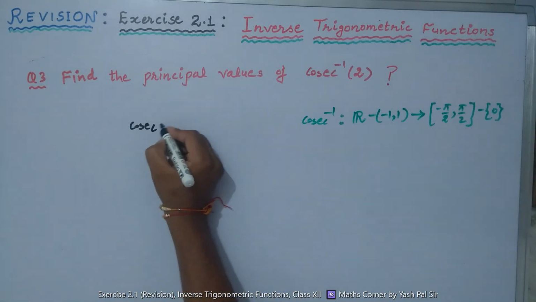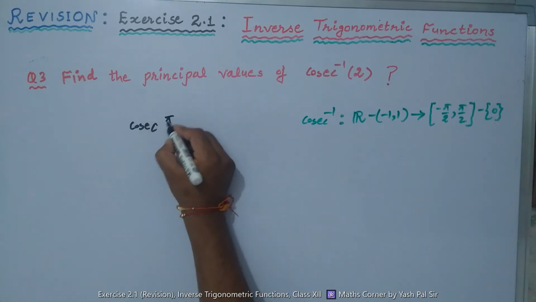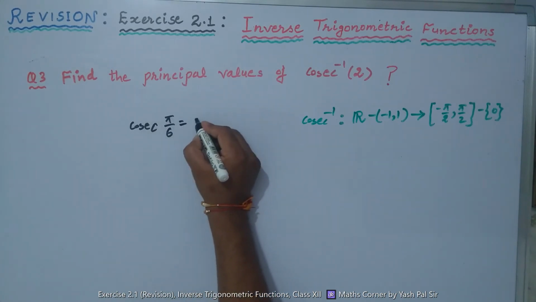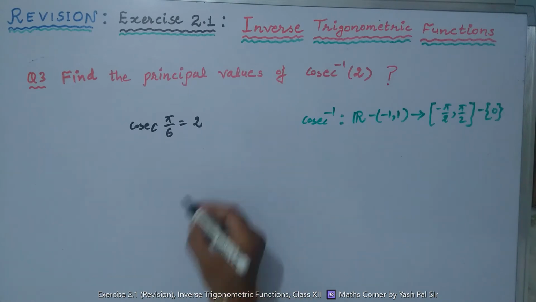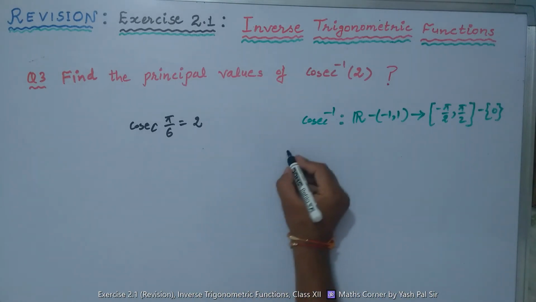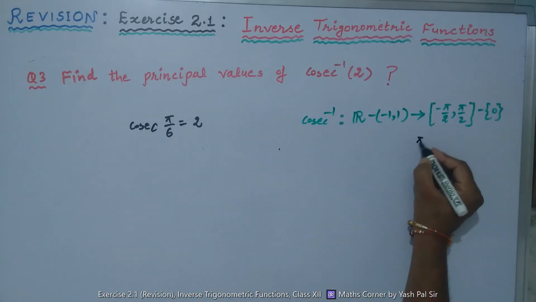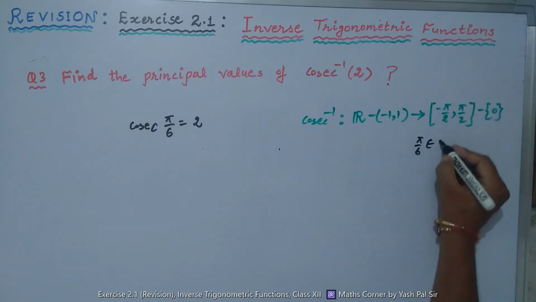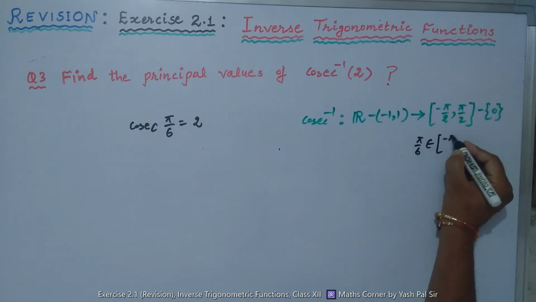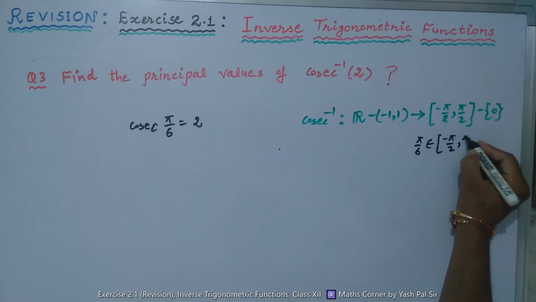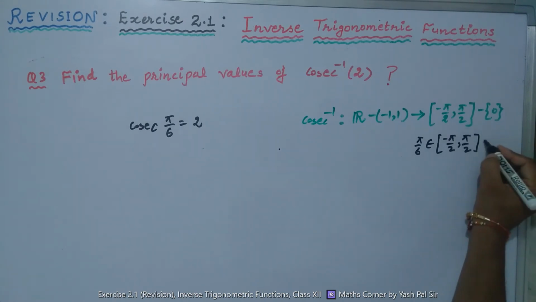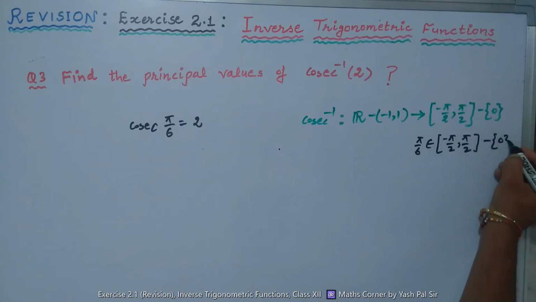Now coming to the question, we know that cosecant of pi by 6 is equal to 2. And pi by 6 belongs to minus pi by 2 to plus pi by 2 except 0.